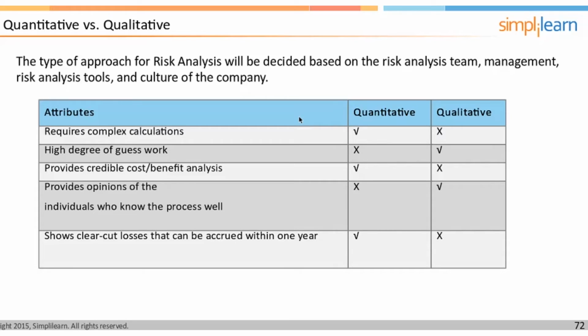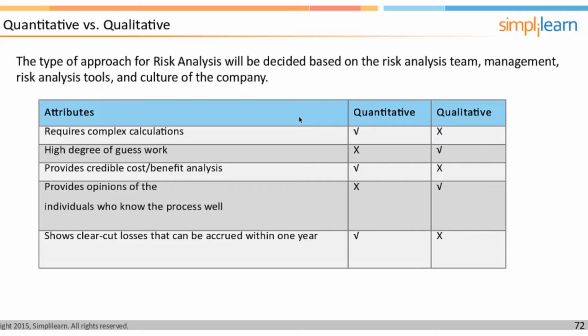Quantitative versus qualitative. So let's understand the difference. Very important. It says here, quantitative requires complex calculations, whereas in qualitative, there's a high degree of guesswork. Quantitative provides you credible cost-benefit analysis.